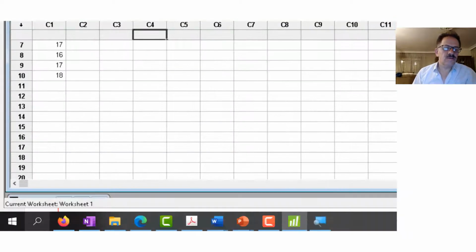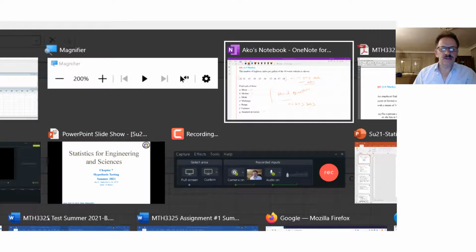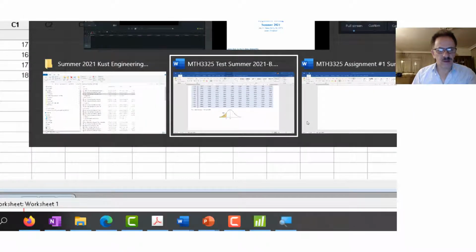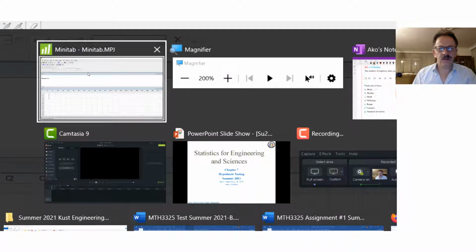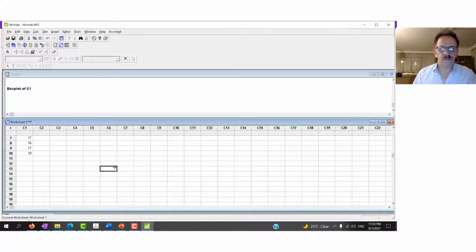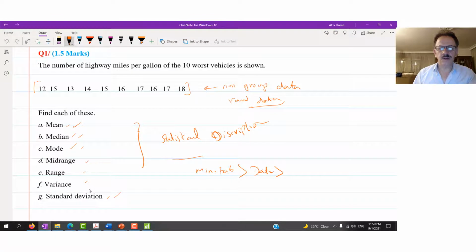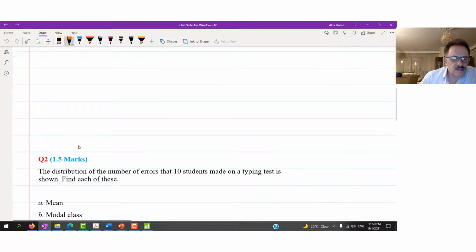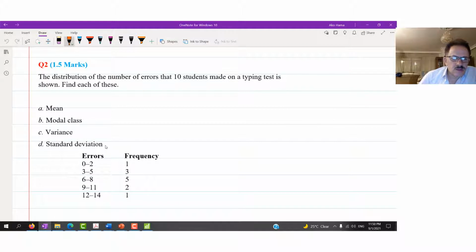Now what about if I do not have data like this? This is regarding question 1. So there is another type of data, which we can say is group data, or let me say classified data.